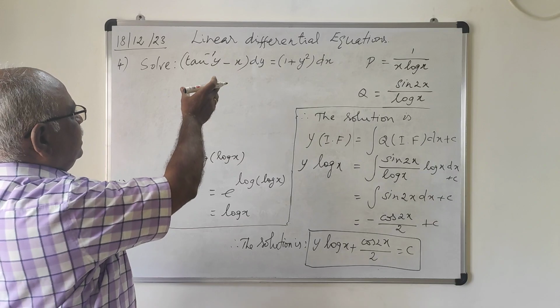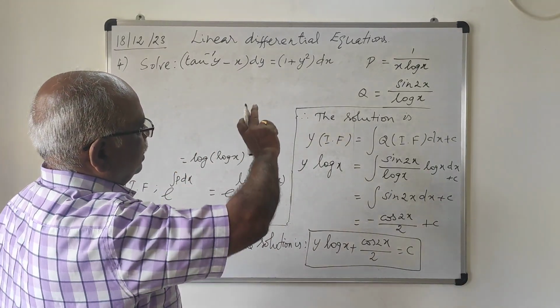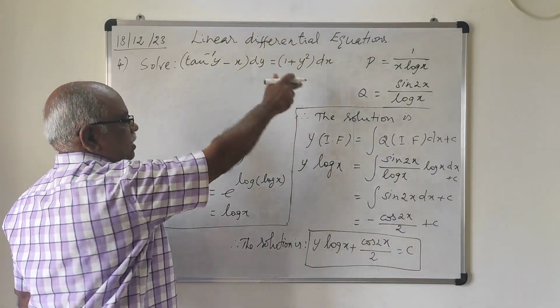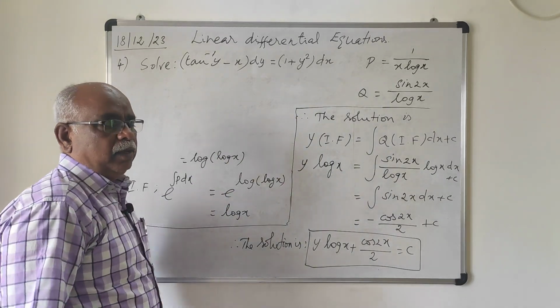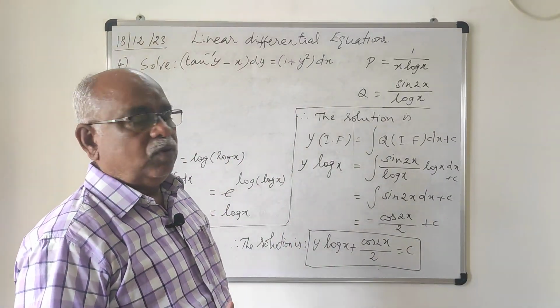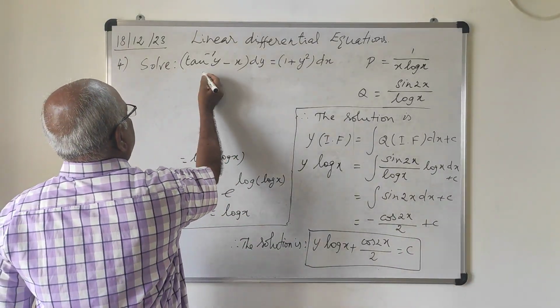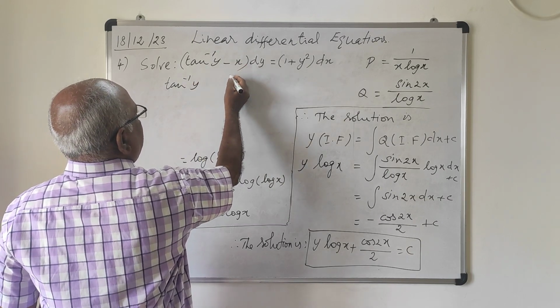This is somewhat of a different problem. In this problem, the roles of x and y are interchanged. So far we have seen dy by dx plus py equal to q form, but in this equation the x and y roles are interchanged.